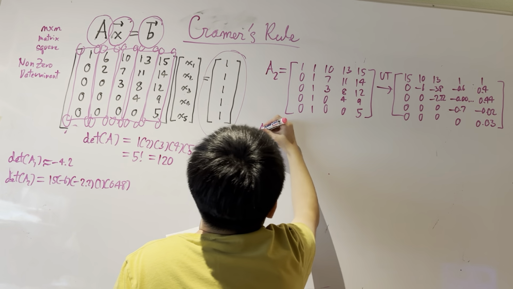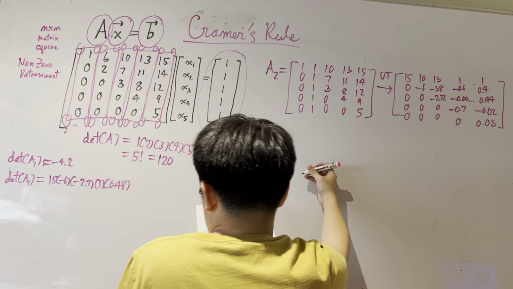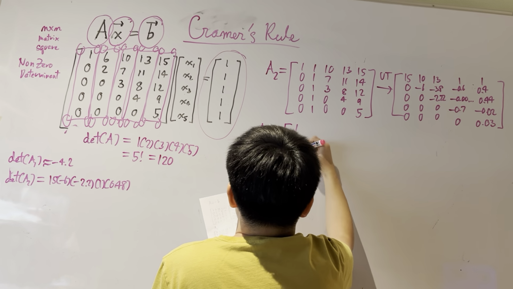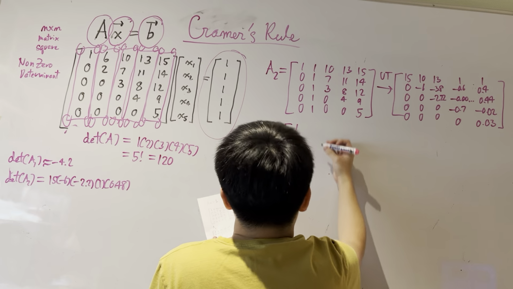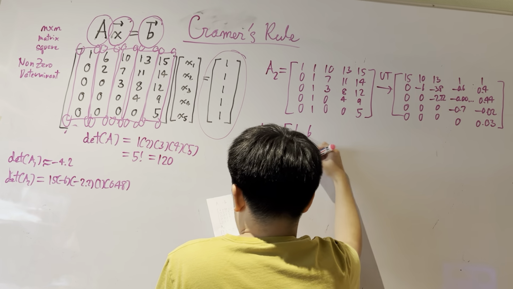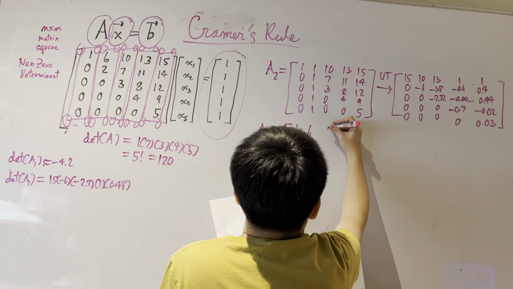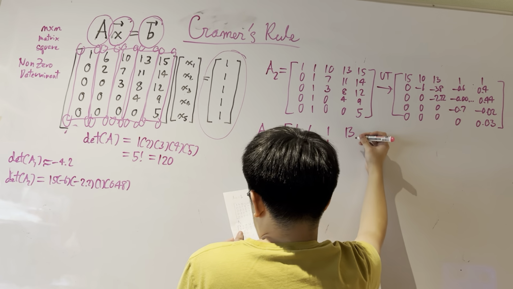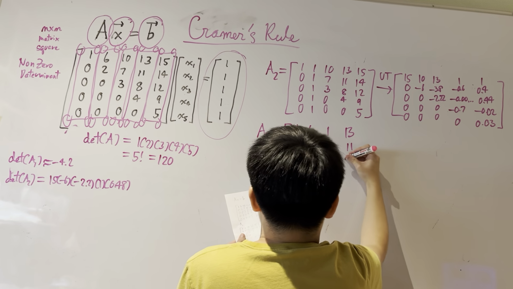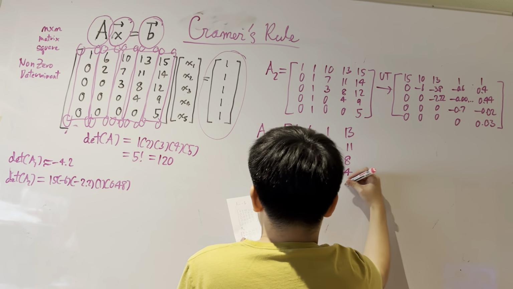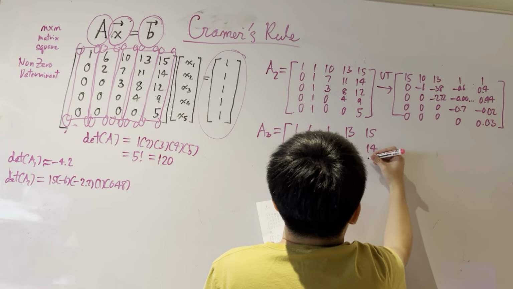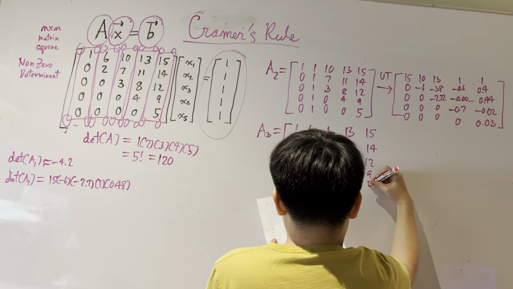Let's get A3 up here. A3 is 1, 0, 0, 0, 0, 6, 2, 0, 0, 0, 1, 1, 1, 1, 1, 13, 11, 8, 4, 0, 15, 14, 12, 9, 5.